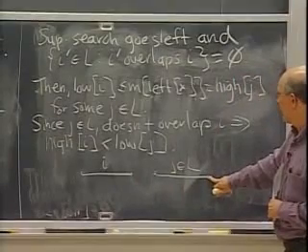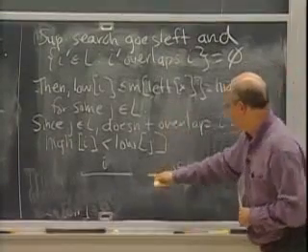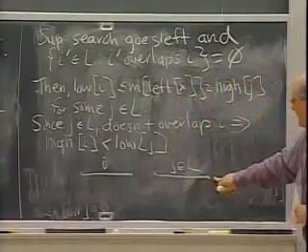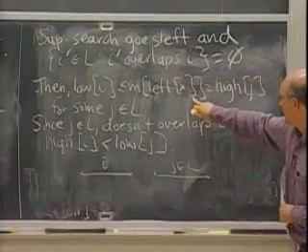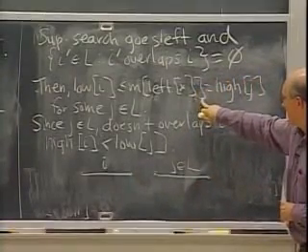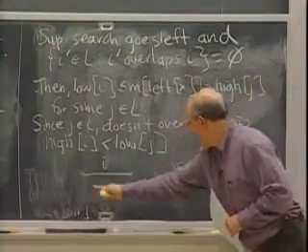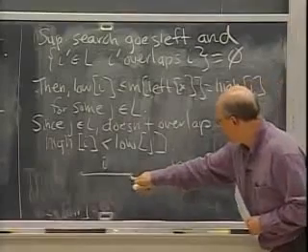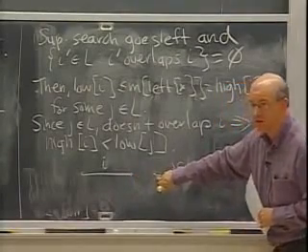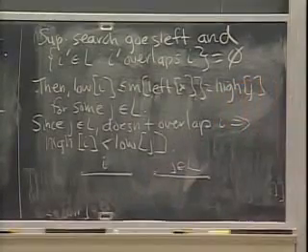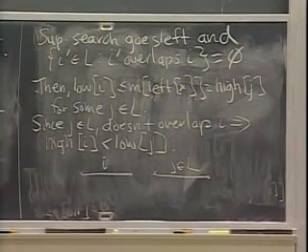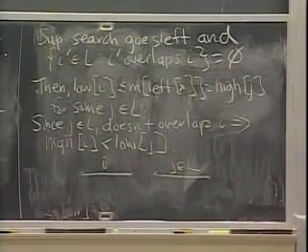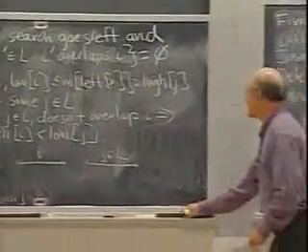So therefore, it must be to the left, because its low endpoint is less than this, but it doesn't overlap it. So therefore, its high endpoint must be left of the low of this one. Okay? But, let me just take this one here.